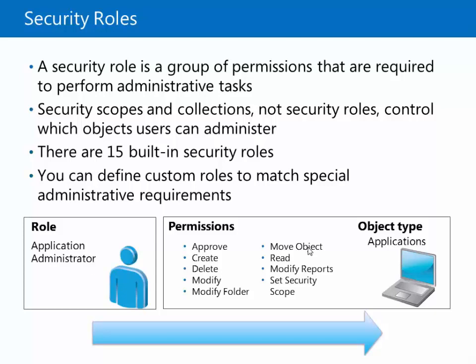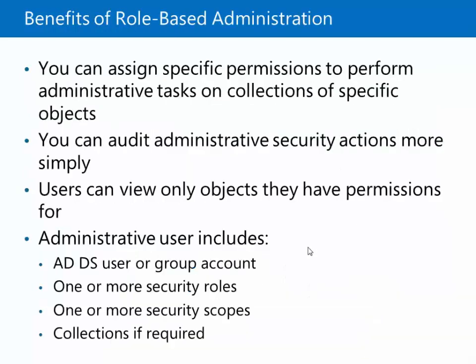A role is nothing but what permission you are going to give to the user, what all he is able to do. A security role is a group of permissions that are required to perform administrative tasks. Role means you are giving permission, what rights he has in the SCCM console.